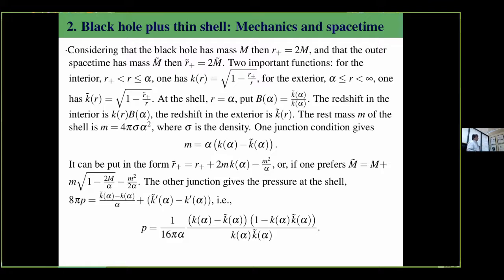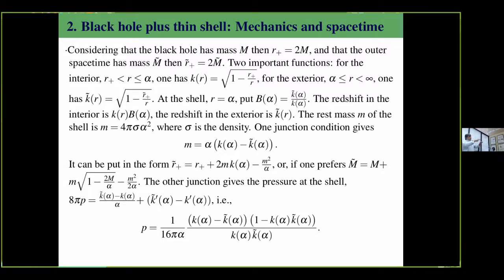Then if you do the junction conditions, you get that it is essentially k at alpha minus k tilde at alpha, and you get the mass times alpha. You can invert this and put it in the form of r plus tilde equal to r plus 2mk at alpha minus m squared over alpha, or if you prefer in terms of m tilde and m, then you get 2 here because it's 2 here.